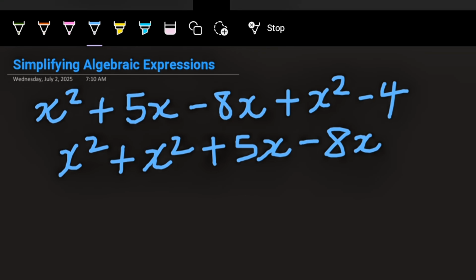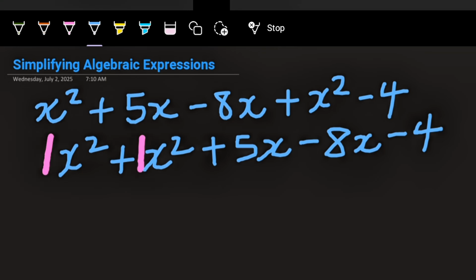As I said before, 4 doesn't have any variable, so it's going to stay by itself. All right, now we're going to work everything out. As I had mentioned before in the previous example, if you feel uncomfortable with just the letter being there, you can always add or put a 1 so you don't get confused.